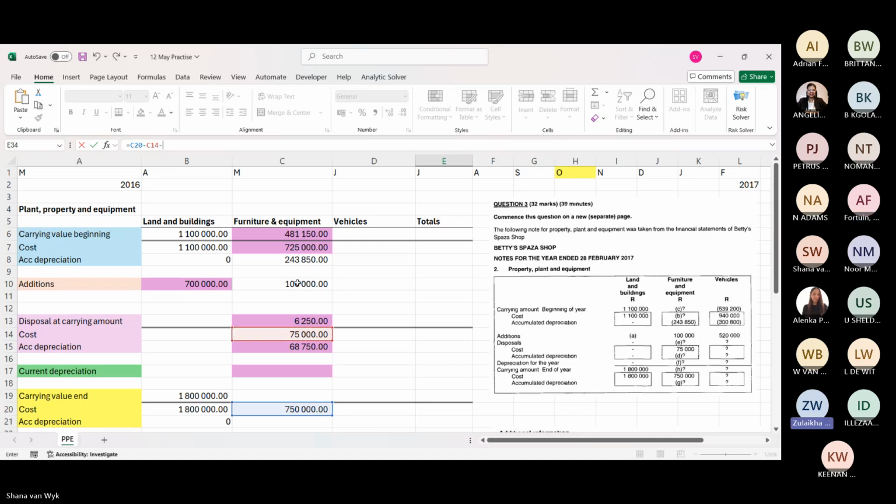It's 575. Now you multiply it by your 20%. Is that for current? Yeah, for existing.